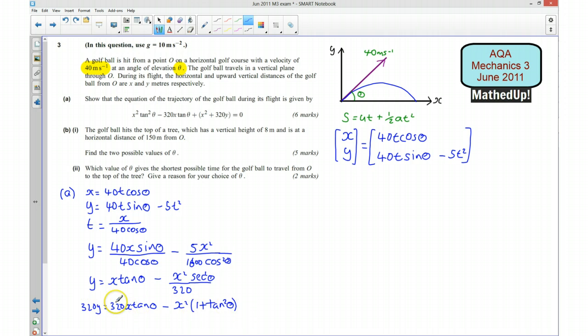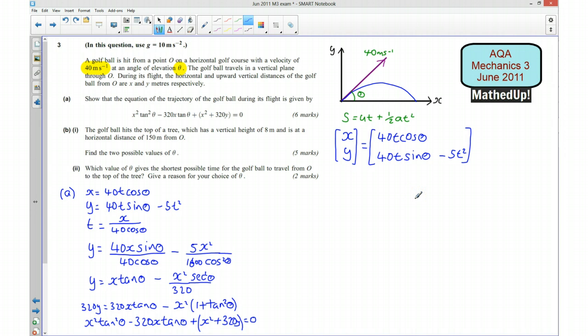And if I expand this and rearrange this, I'll end up with x squared tan squared theta, take away 320x tan theta, plus x squared plus 320y is equal to 0, as required over here, and we'll just put brackets around this bit that they've got over here. Okay, so that's part A done.